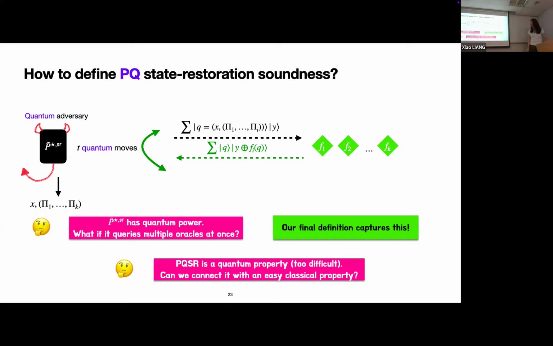I think I missed the difference between classical and quantum. What do you mean by querying all the oracles at once?